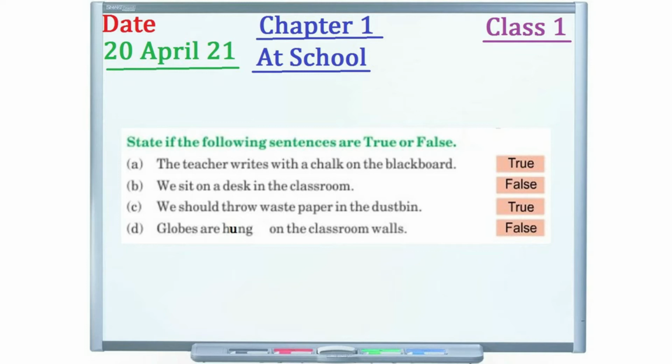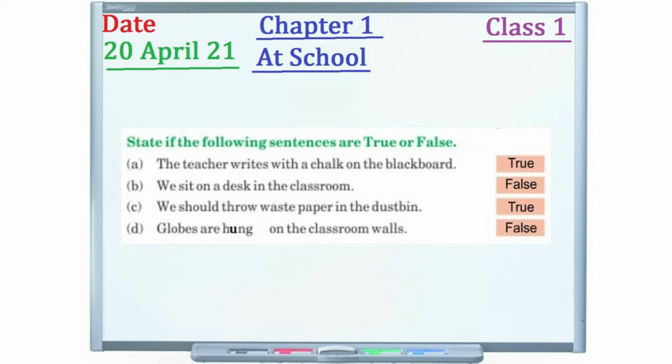B. We sit on a desk in the classroom. Desk is written here. We put our book or copies on the desk. Don't sit there. So, this statement is false.